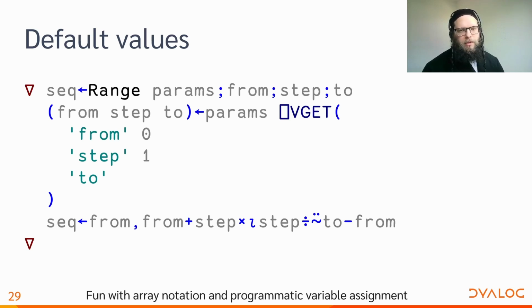If 2 is missing, we get a value error. So now it doesn't matter if the parameter namespace contains additional things that we don't need, because we are only getting from, step, and 2. And since we know that we're going to get a 3-element result, we can do the assignment then to from, step, and 2 where we are right now. So it's a very nice way to get default values.